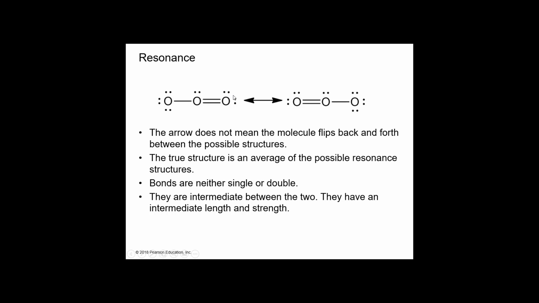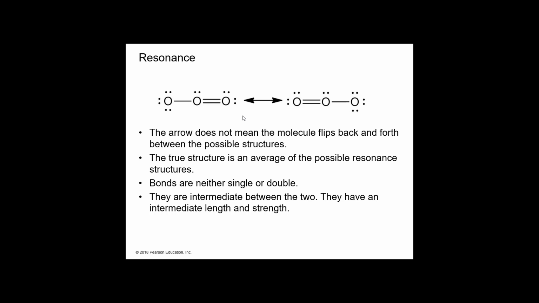So when you draw these, how do you know you're dealing with a resonance structure? Well, it's not a quick, easy answer, but polyatomic ions tend to have resonance. If they have more than one oxygen, obviously you're going to need something that has two. Terminal oxygens are an indicator that you have more than one structure. Also, there are molecules that are not polyatomic ions, but they have to be symmetrical.